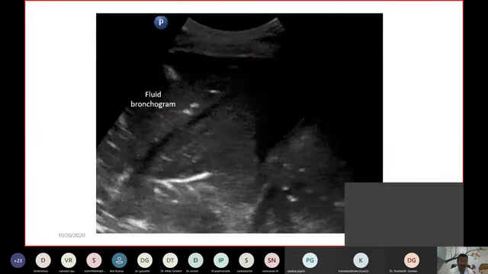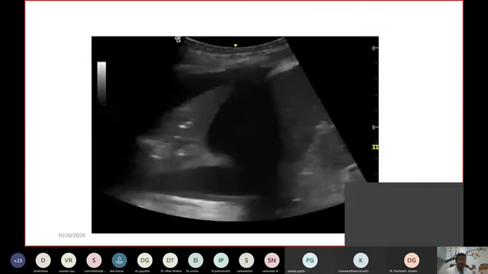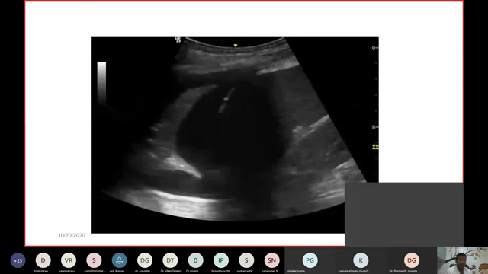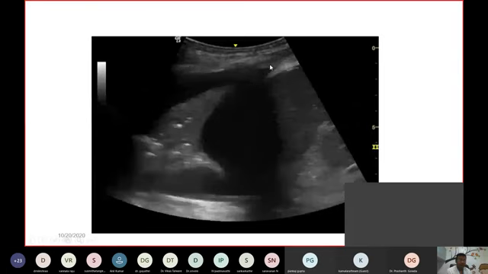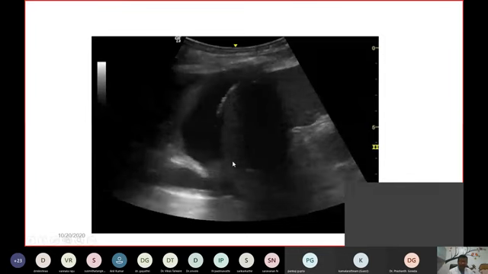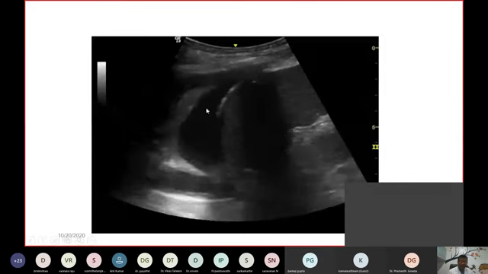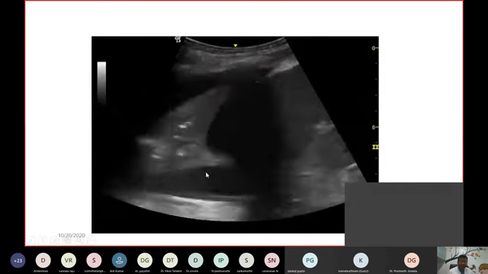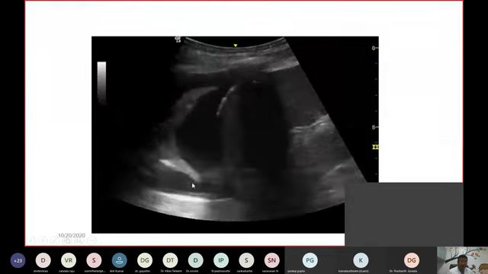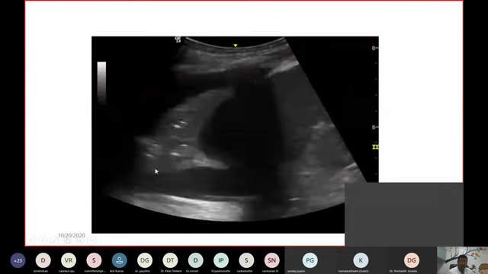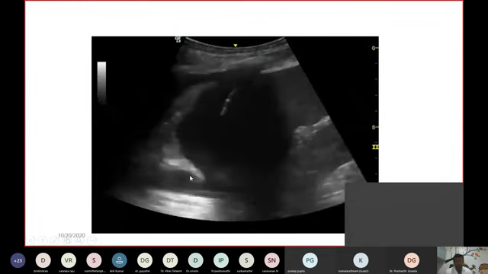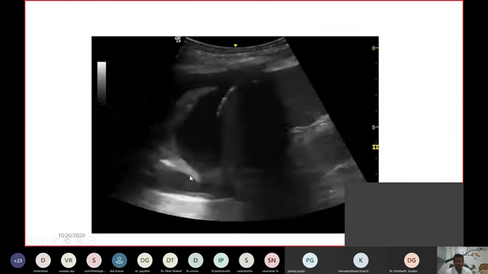Now look at this video. Again, it is the right side. You can see the diaphragm nicely. You can see the liver. There is a massive effusion. With inspiration, the lung is moving down.